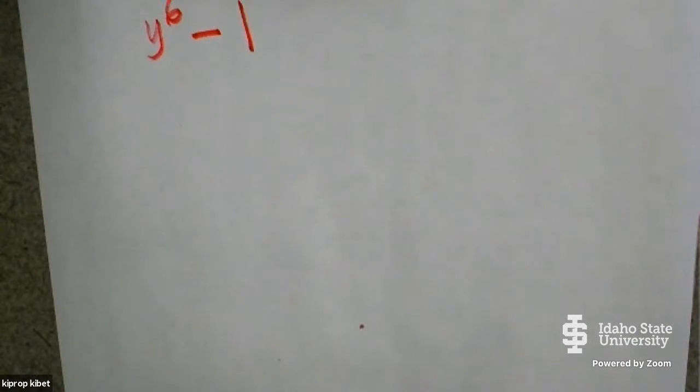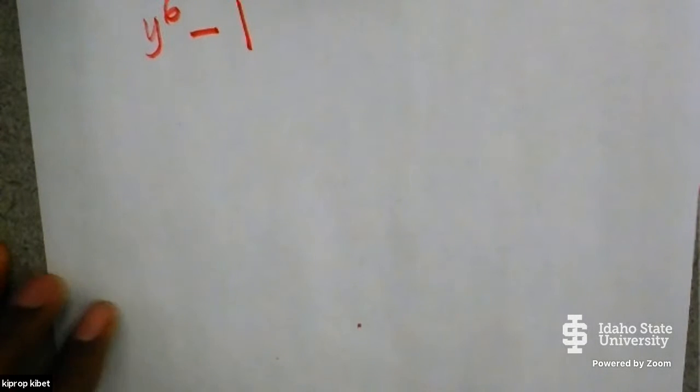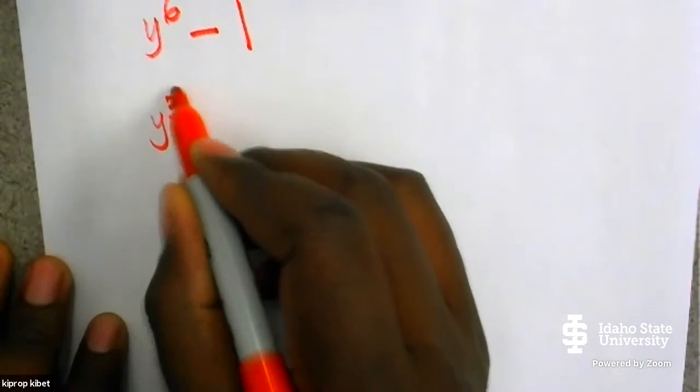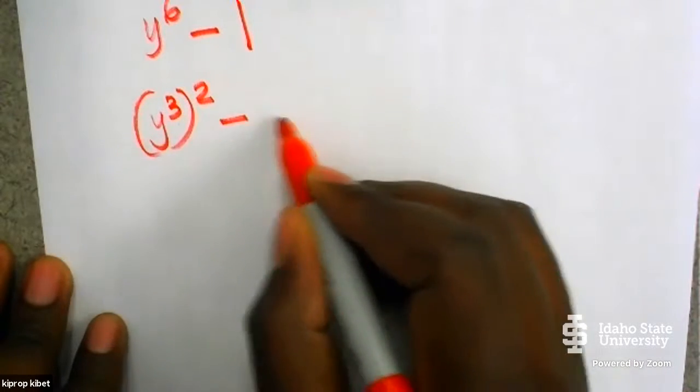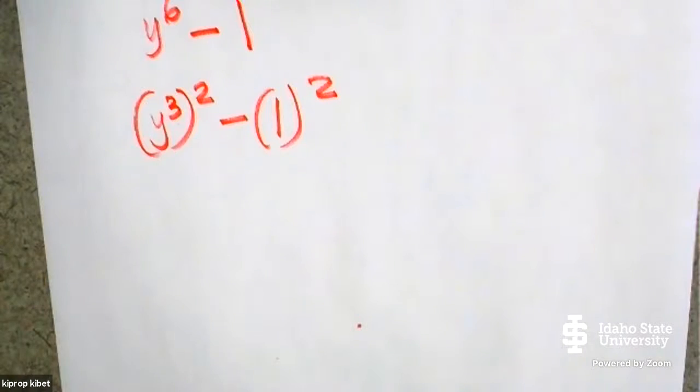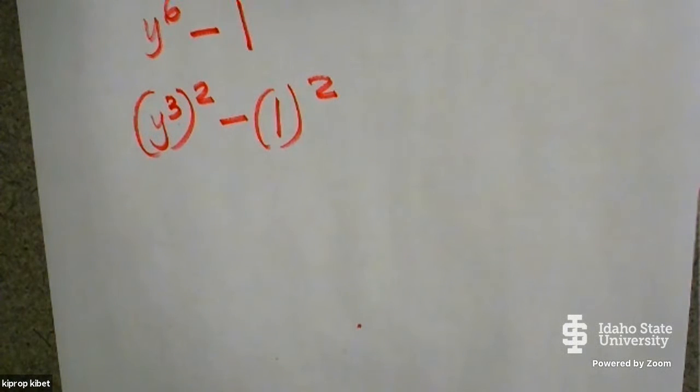Factorize it. So how should you factorize that completely? Actually, this is like (y raised to 3) squared minus 1 squared.